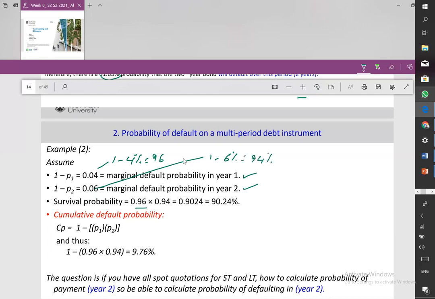And you can calculate this. So the probability of payment over the 2 years, or the survival probability, is 90.24%. From this, I can know the cumulative default, because this is what I'm caring about. So I can calculate it as 9.76%, and this is over 2 years. This is just another example.